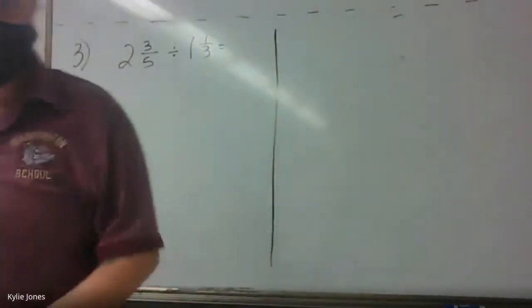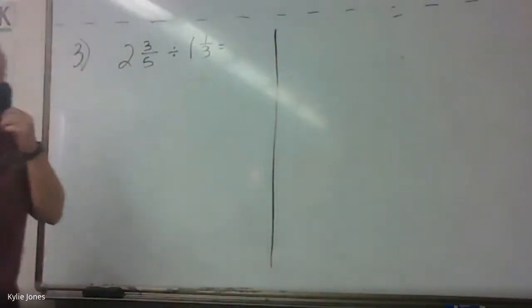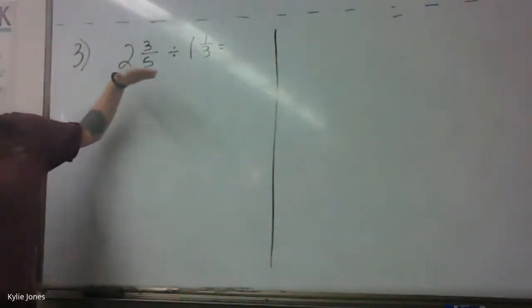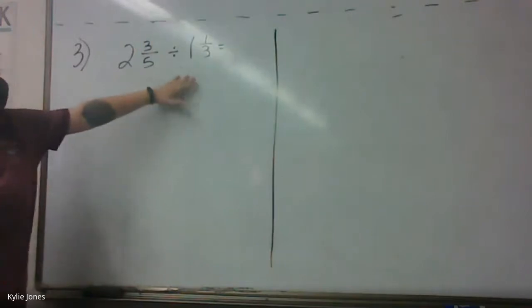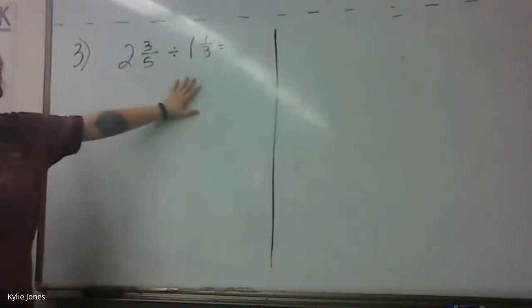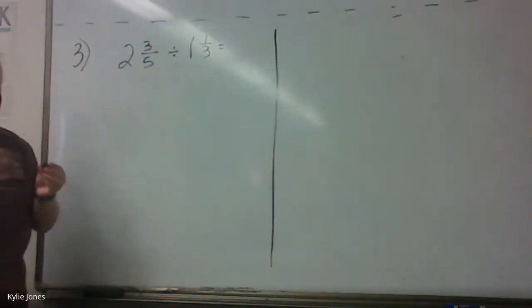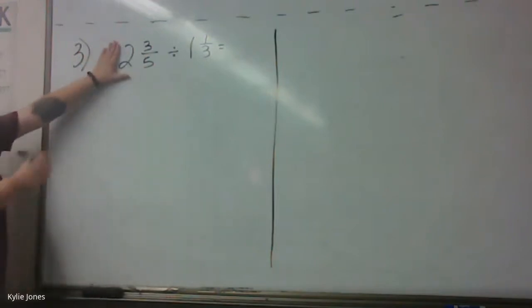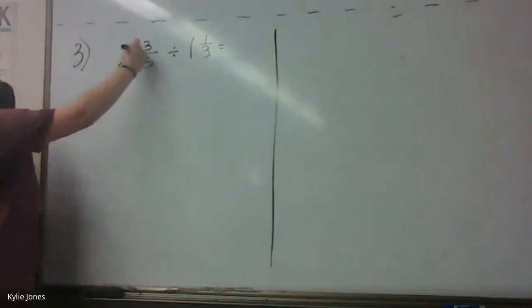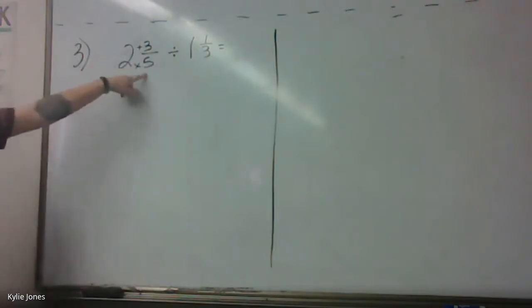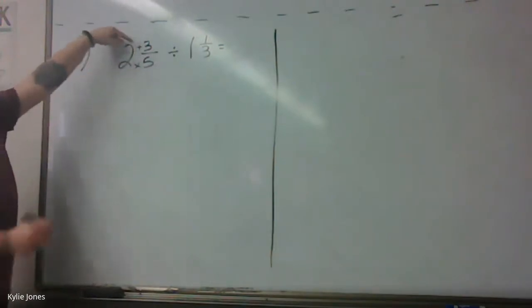Okay, let's go ahead and go over these. So our first step here, we can't divide right off the bat because we need to change them to improper fractions first. Remember to do that, you have to take your whole number, multiply it by the denominator, and then add the numerator. So what's 2 times 5 plus 3?